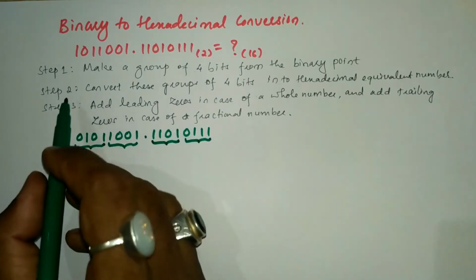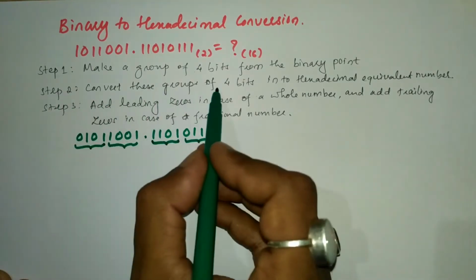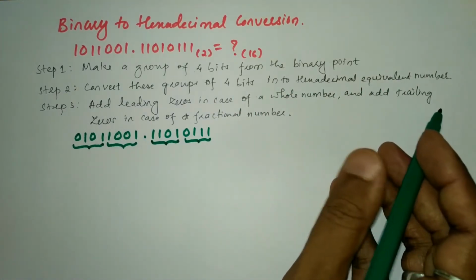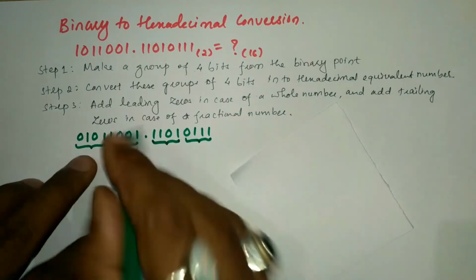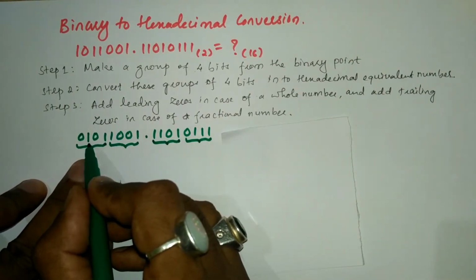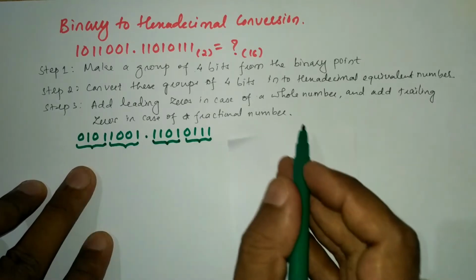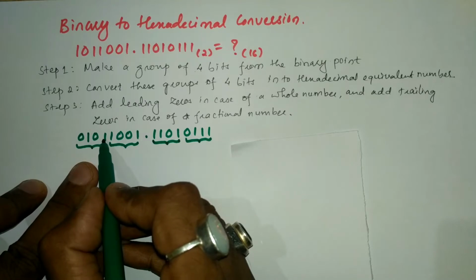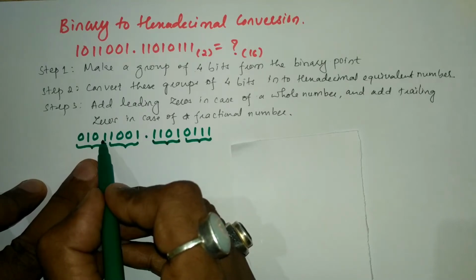And after this, step 2: convert these groups of 4 bits into hexadecimal equivalent number. So we need to write these 4 bits together as a hexadecimal equivalent number. Consider this bit 1 whose positional weight is 0.